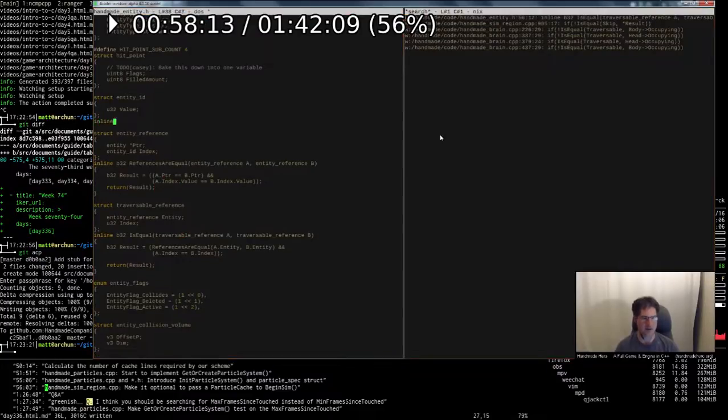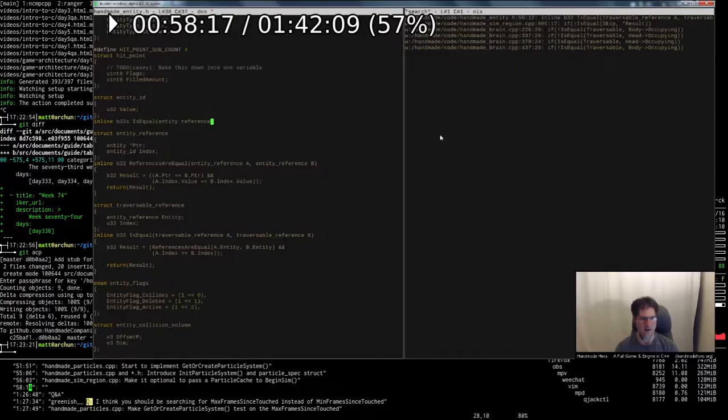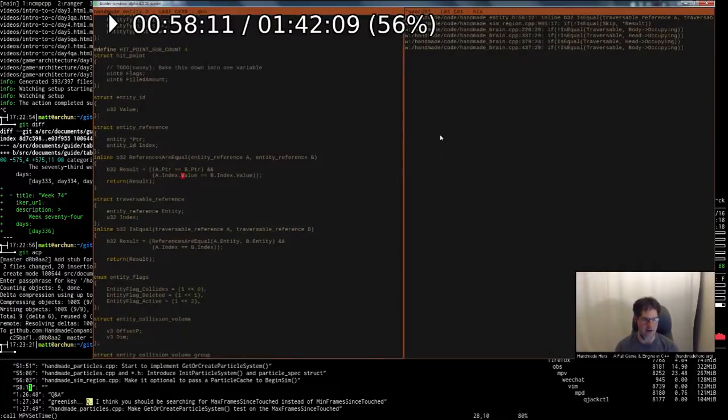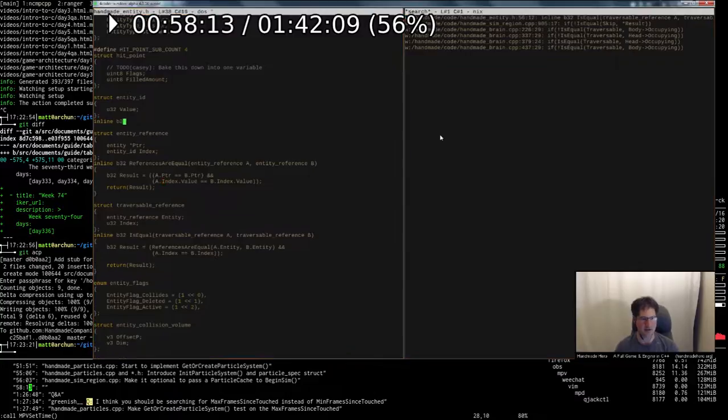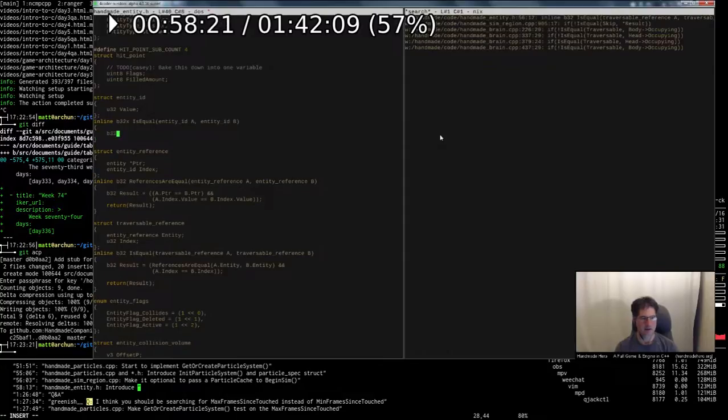So I feel like I kind of want to start using one of these, like is equal entity ID A, entity ID B. Result is A dot value equals B dot value.